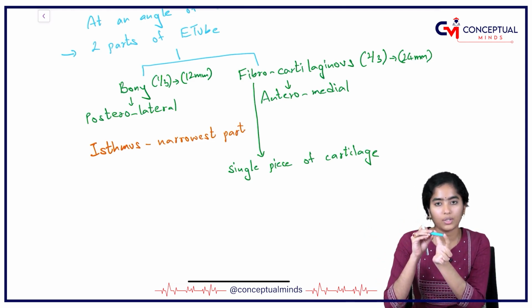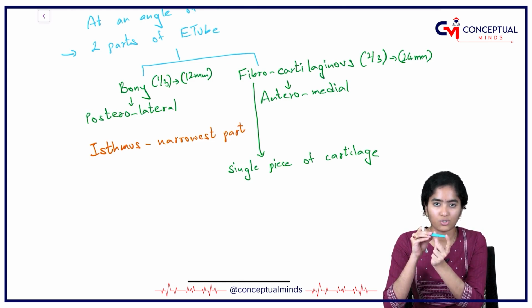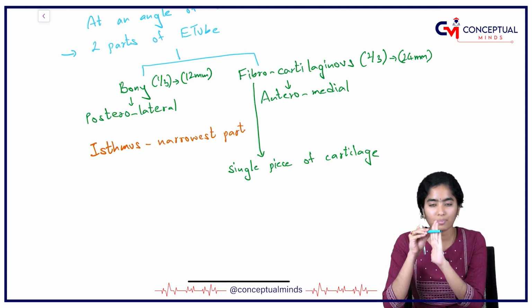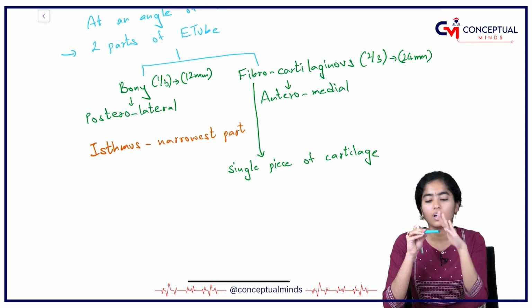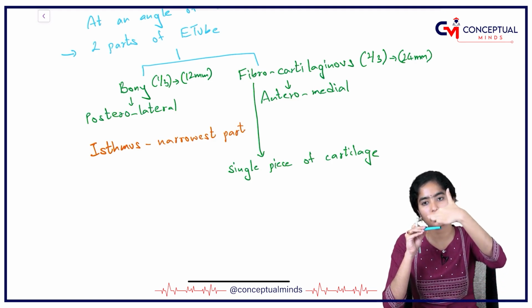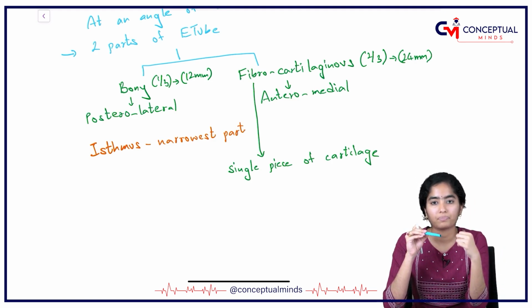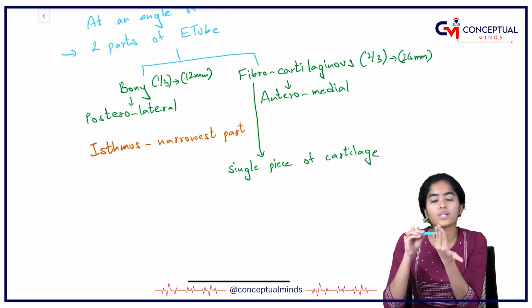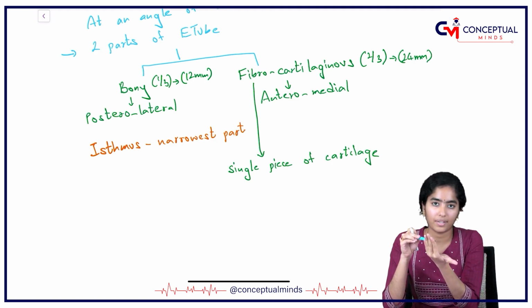Now the anteromedial 2/3 is fibrocartilaginous and this cartilage forms the entire medial lamina, the roof and also a small part of the lateral lamina. The rest of the lateral lamina is formed by a fibrous membrane.